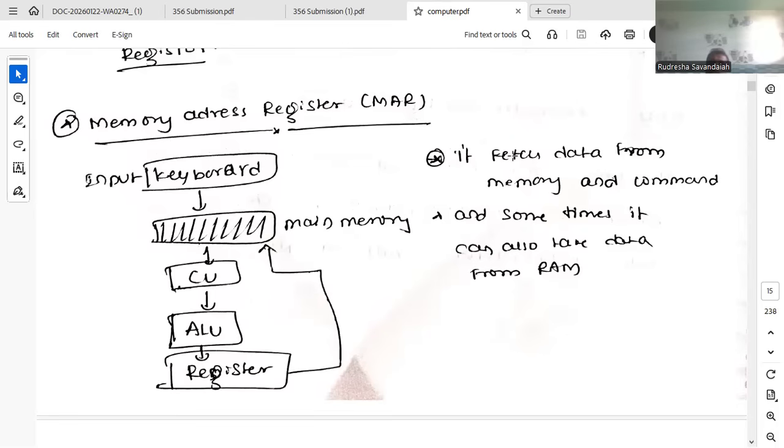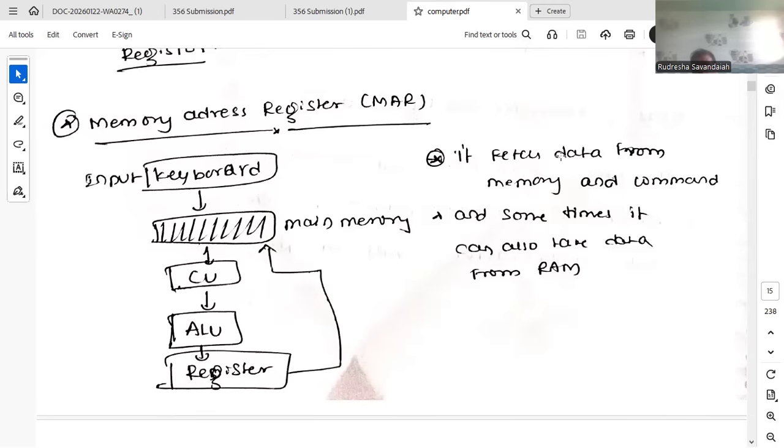The memory address register. See, look here. First you have an input. In the keyboard you give the input. This is the main memory, control unit, ALU arithmetic logic unit, register.